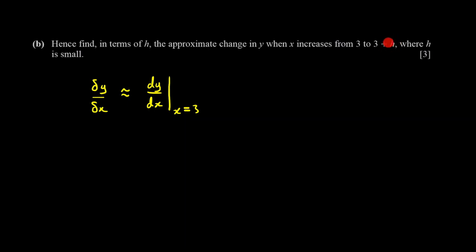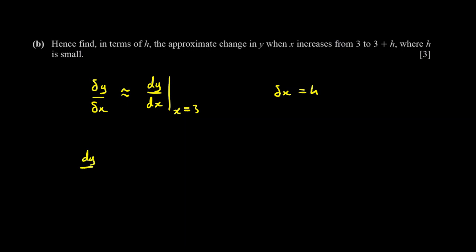So this is our little increase in x, and so we can also say that delta x in this question is h, right? So delta x means a small increase in x. We're moving from x is 3 to x is 3 plus h. So that small increase in x is h. Well, our formula for dy/dx we'd already found out, right?